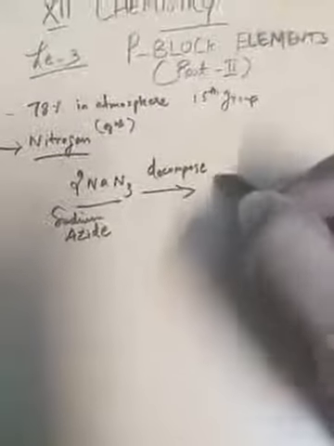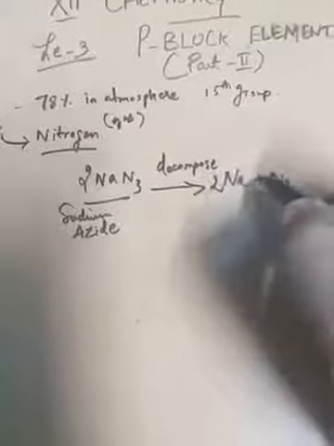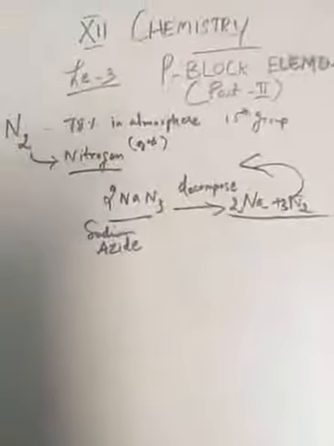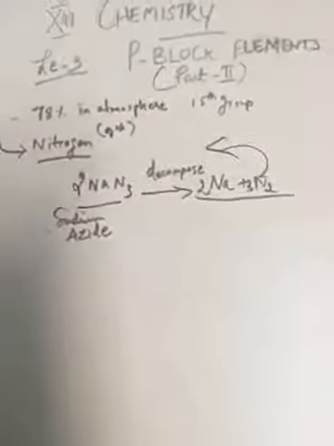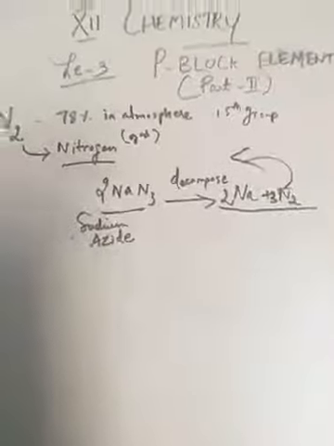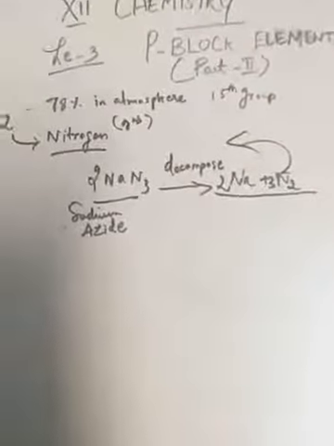If we decompose it, we will get 2Na plus 3N2, and to balance the equation I am putting 2 here and 3 here. So we have got nitrogen after decomposition of sodium azide. This is one preparation of nitrogen.